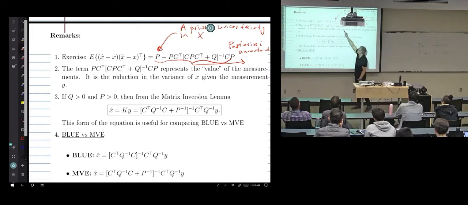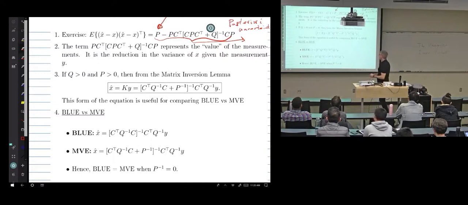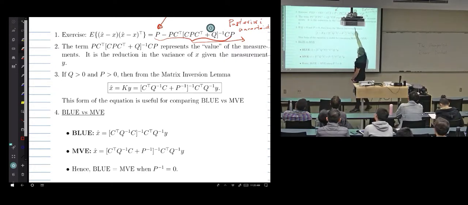So we've reduced the uncertainty by using the measurements, and so this literally quantifies the value of the measurements. If you assume Q is positive definite and P is positive definite, then you certainly get that CPC transpose plus Q is positive definite.